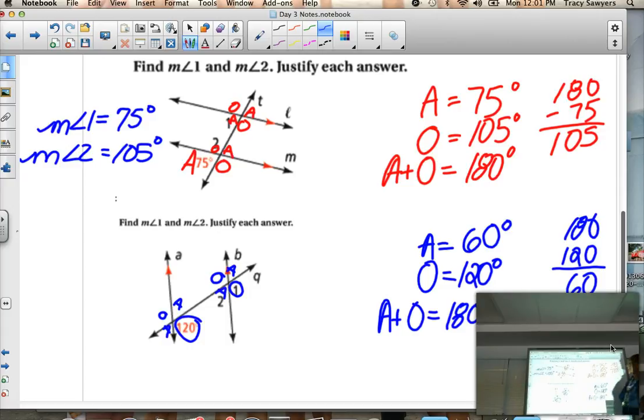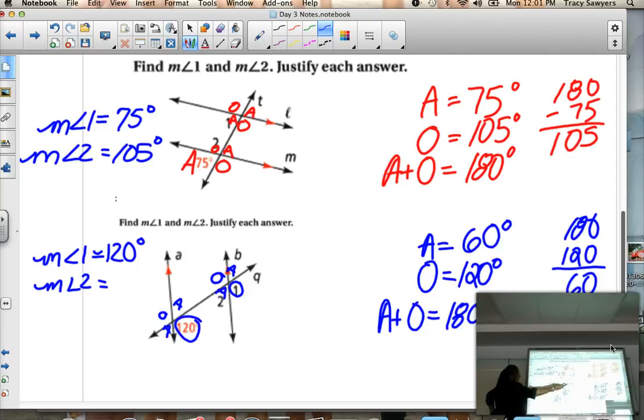Now can I go through and answer the measure of angle 1? Where's angle 1? Oh, here it is. What type of angle is it? Obtuse. And we said that our obtuse angles have what measure? 120. Make sense? How about the measure of angle 2?